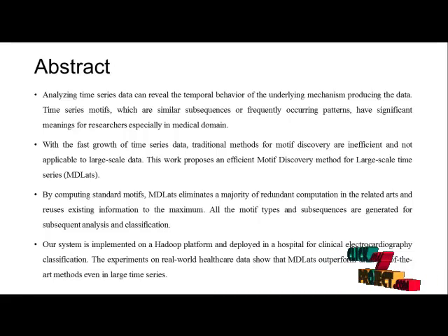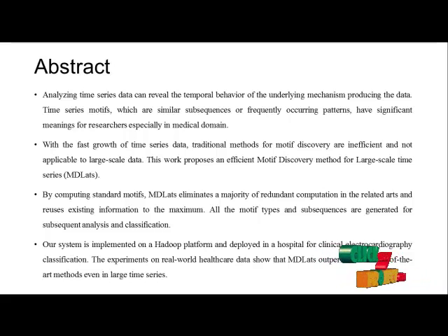Analyzing time series data can reveal the temporal behavior of the underlying mechanism producing the data. Time series motifs, which are similar subsequences or frequently occurring patterns, have significant meaning for researchers, especially in the medical domain.